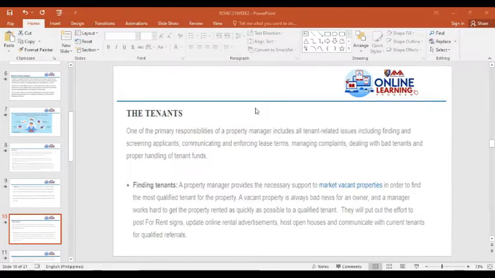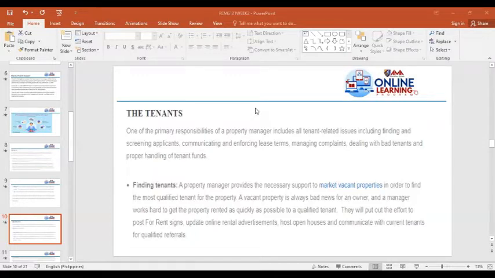So they have to put out the effort, post for rent signs, update online rental advertisements, host open houses, and communicate with the current tenants for qualified referrals.